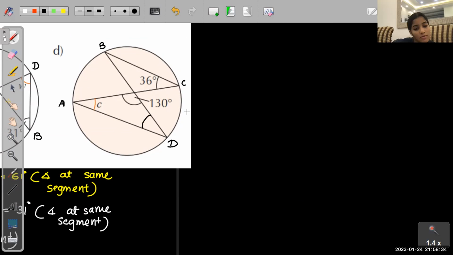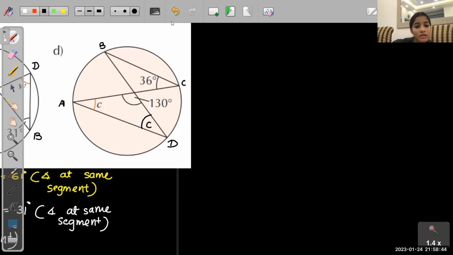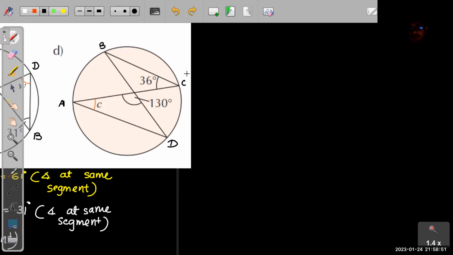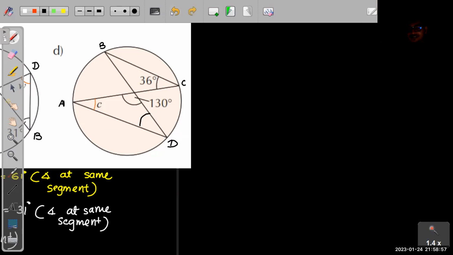This angle is going to be the same as C. According to which rule do you say it's C?